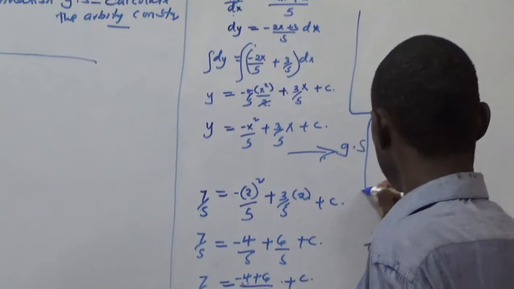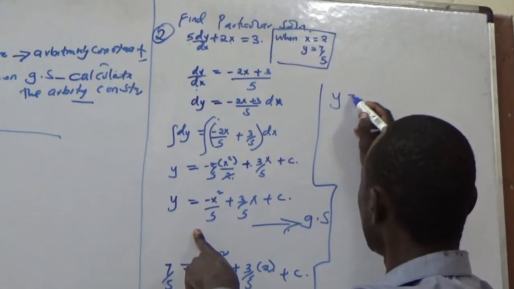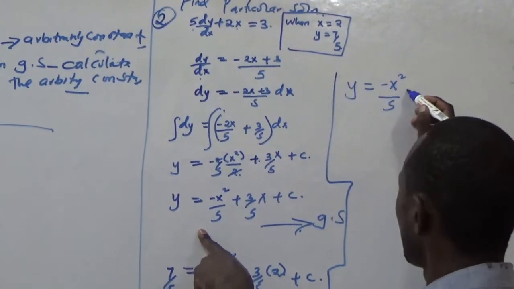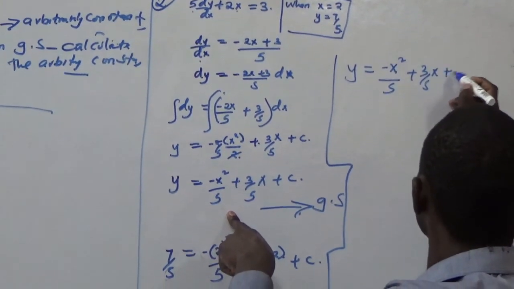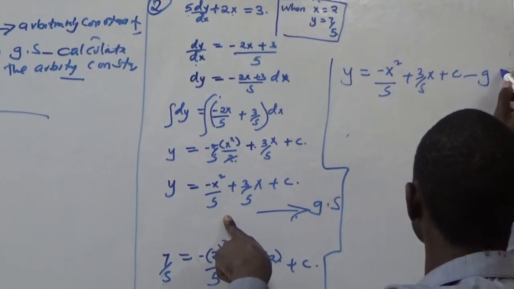So to write the particular solution, our general solution was y equals to minus of x squared over 5 plus 3 over 5 x, then plus c. This is our general solution.